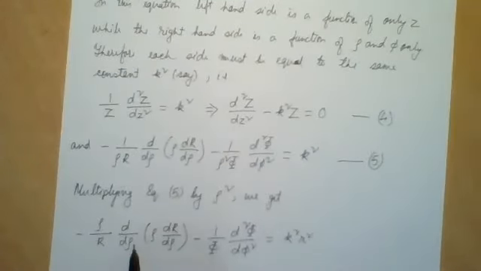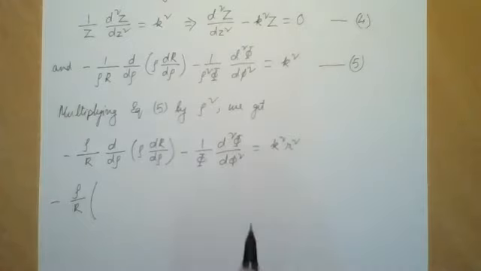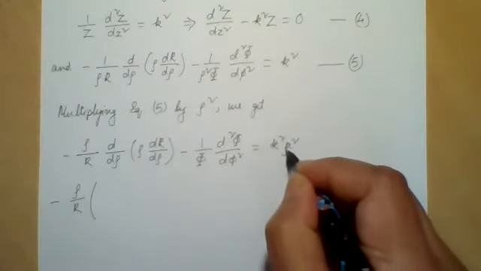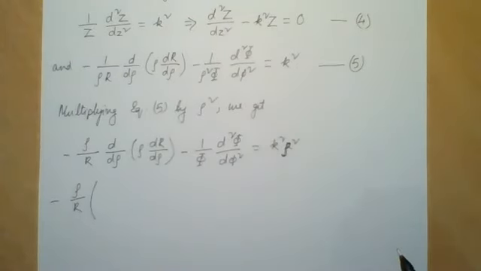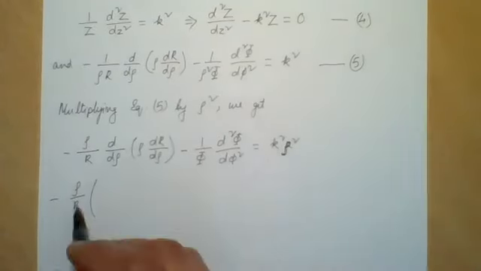Now let us open this bracket. So this is minus rho by R. Oh, sorry, this is not R square, this is rho. Thank you. Rho by R, this is d by d rho, so d rho by d rho is 1.